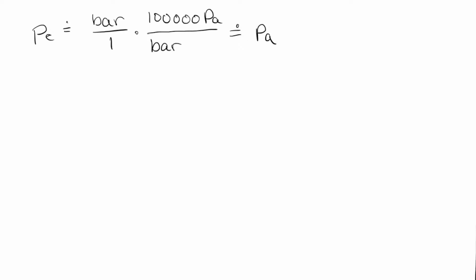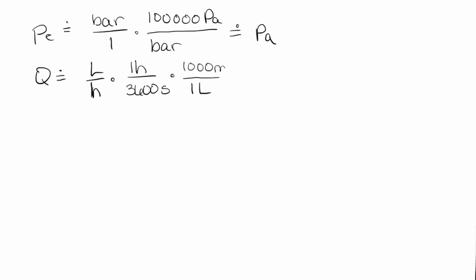In order to convert my volumetric flow rate, this one's a little bit more complicated. I'm going to start with liters per hour. And I'll have to convert my hour to seconds. So 1 hour has 3,600 seconds. And looking at liters, 1 liter is 1,000 milliliters.